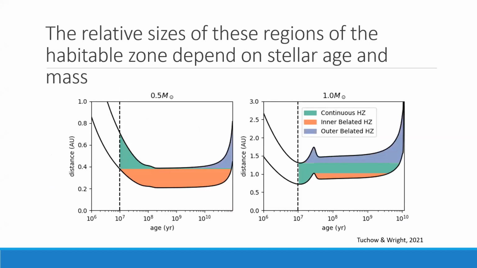So the relative sizes of these regions of the habitable zone depend on the stellar age and the mass of the star, and also on other stellar properties such as metallicity. So over here, we can see the habitable zone evolution for stars of two different masses. Here's a 0.5 solar mass star and a one solar mass solar analog, and one can see age on the y-axis for both these plots and the habitable zone distances as these solid lines on both these plots.